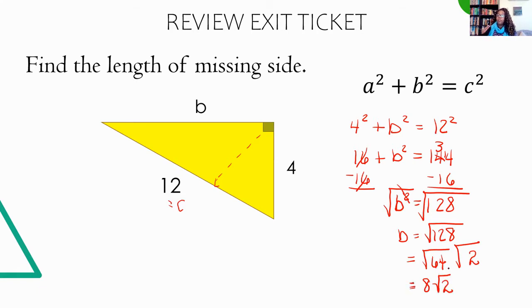So normally, if we're solving and it deals with the square root, we always do the positive and the negative. But it doesn't make sense to have a negative because you can't have a negative length of a side. So we're just going to focus on the positive aspect, which gives me 8 square root of 2. All right, so that's the length of that missing side.